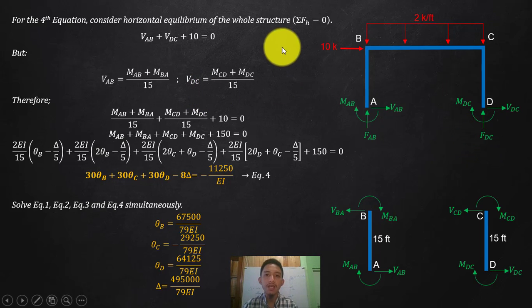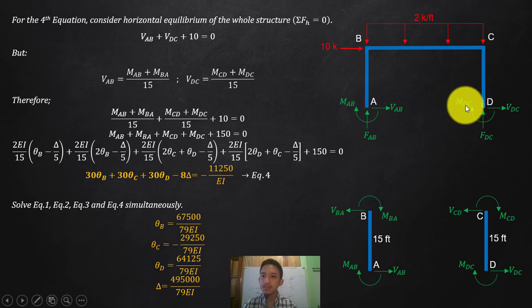Because by the way, we are trying to create equations in terms of your degrees of freedom, so that should be theta C, theta D, theta B, and delta only. So we cannot have a lot of variables. So you cannot do it also at joint C, since you will be exposing here your axial forces. Even here you cannot do that.